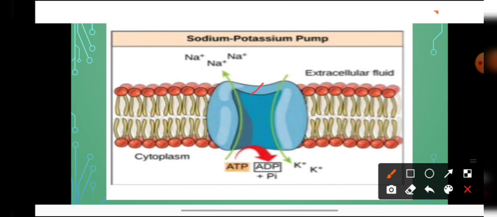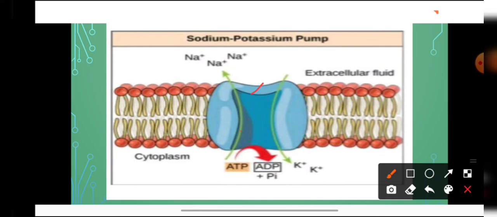Now students, the movement of these ions, sodium ion and potassium ion, is taking place against the concentration gradient. As the movement of ions is taking place against the concentration gradient, energy is involved in the form of ATP.